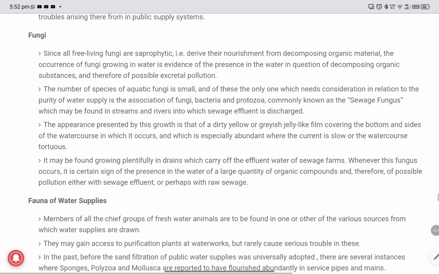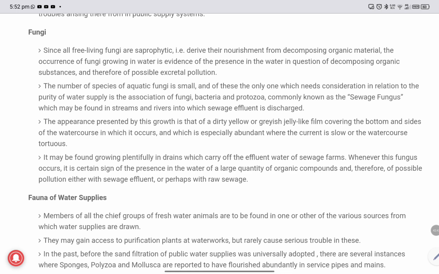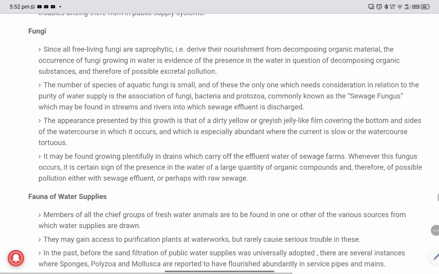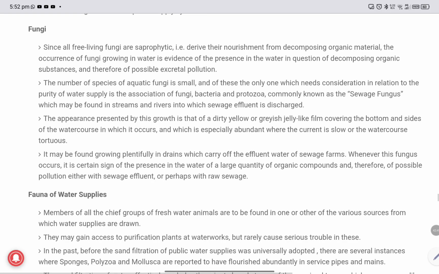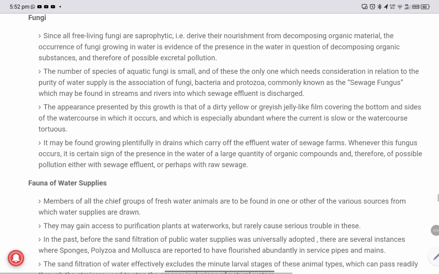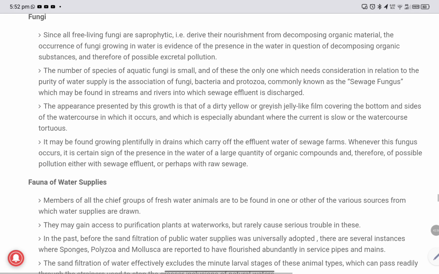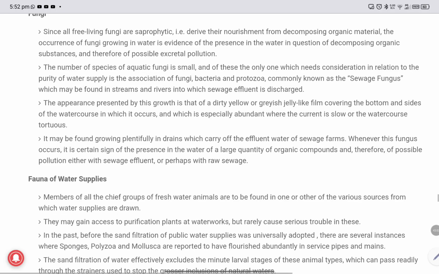Fungi. Since all free-living fungi are saprophytic, they derive their nourishment from decomposing organic material. The occurrence of fungi growing in water is evidence of the presence in the water of infusion of decomposing organic substance, and therefore of possible excretal pollution.